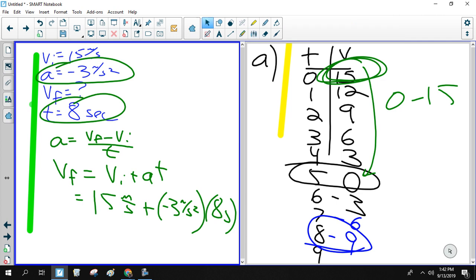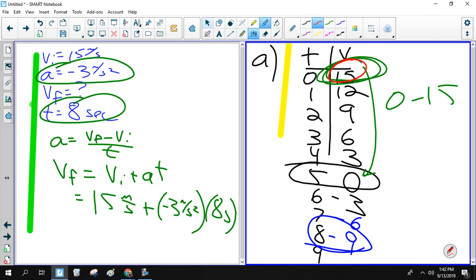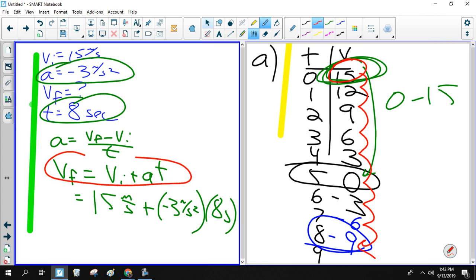The velocity begins at 15 and then it decreases by 3, 1, 2, 3, 4, 5, 6, 7, 8 times. So this equation isn't just some random thing that some physics guy made up to make your life hard. It actually means something. It's telling you my velocity starts at this, and then it changes a little bit every second. Does that make sense?